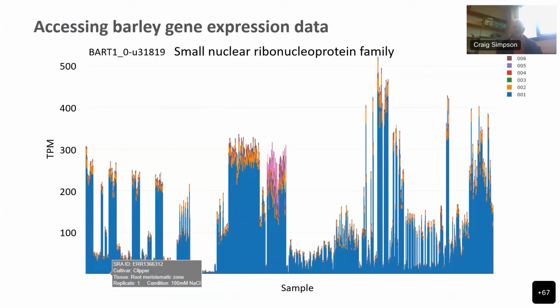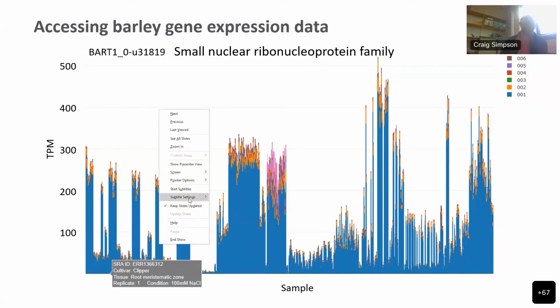So this is what it looks like. These are the sort of outputs that we get. They're gene expression plots. This is an example of one gene only. And along the bottom, you have the samples. So across that bottom are the 843 RNA-seq samples. And then up the y-axis, you can see the TPM values. I'm just going to point out our options.